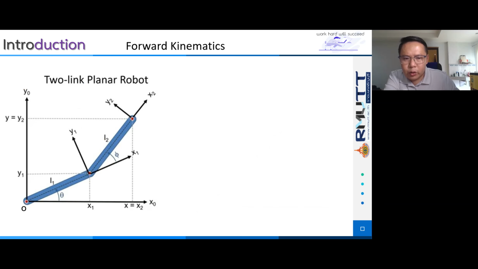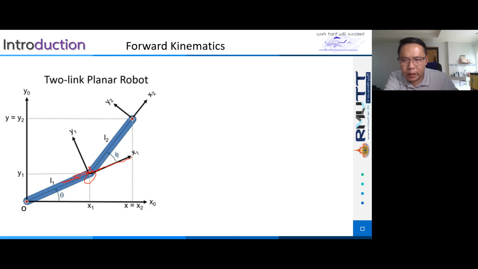As the figure shows, at the end of the first link, we can create a new coordinate system. The x1 axis is in line with the first link.